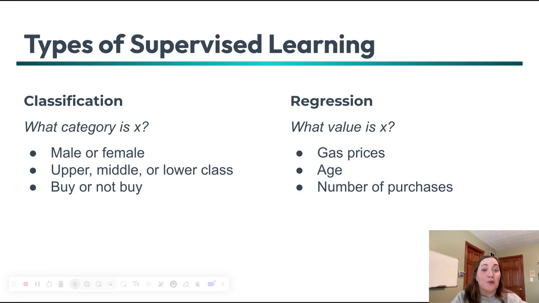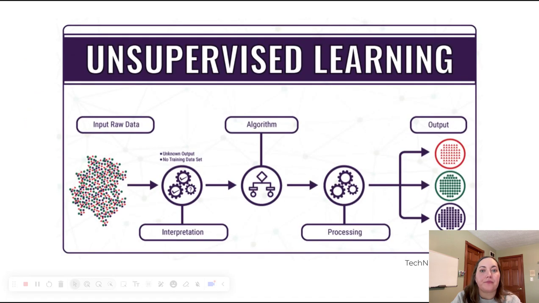How many inches of snow are we going to get based on our latitude and longitude, the humidity in the air, the temperature, all of these different things? So regression, we're trying to predict a specific numeric value. And typically in a regression, we have a line that we're going to create in linear regression. In classification, we want to look at the category.